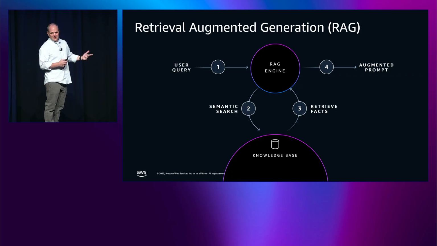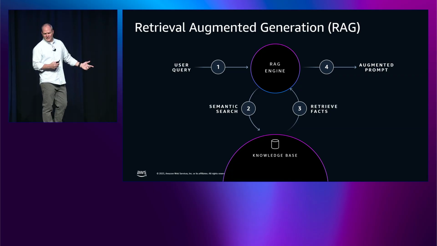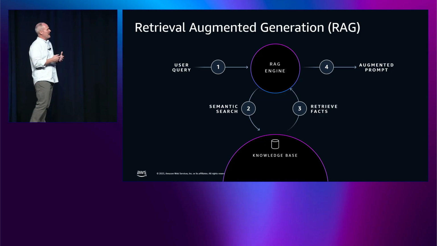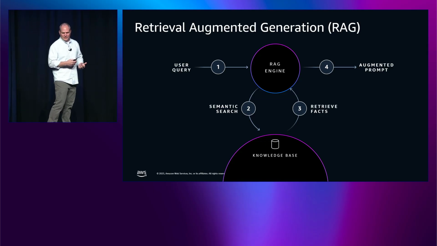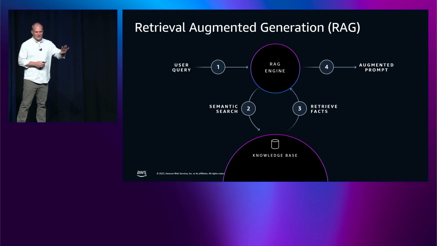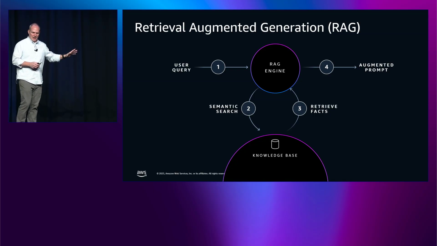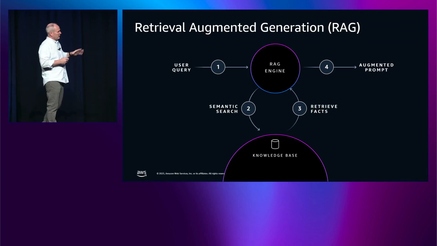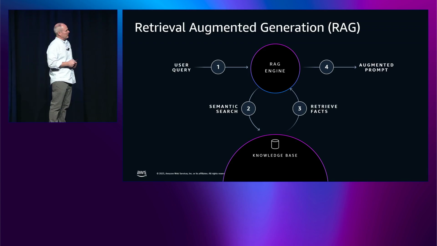We'll do that similarity search based on cosine or Euclidean distance. We're going to come back with document chunks that are relevant, that can be fed in as facts, if you will, into the context, and ultimately we'll get an augmented prompt that comes out of the RAG engine. So you can think of that RAG engine in this discussion today as being an AI application, RAG engine. Those are the basic concepts we want to get across first.